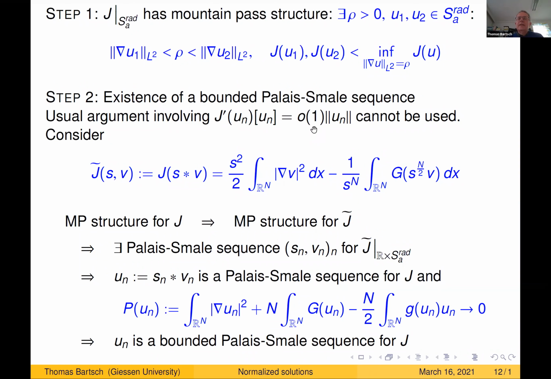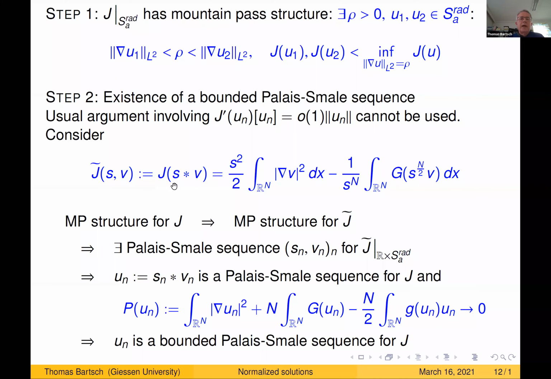Now there was a nice idea of Jeanjean, namely he looked at the functional J of S star V and had S as an additional parameter. So V has L2 norm equal to A, so it's in the L2 sphere. S star V lies in the same sphere.